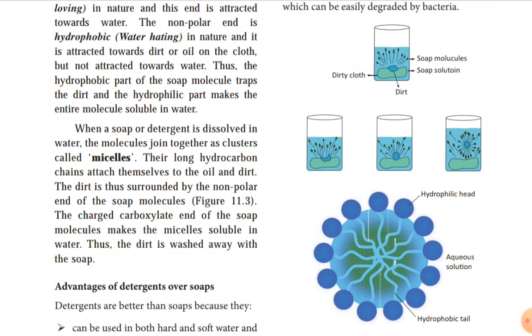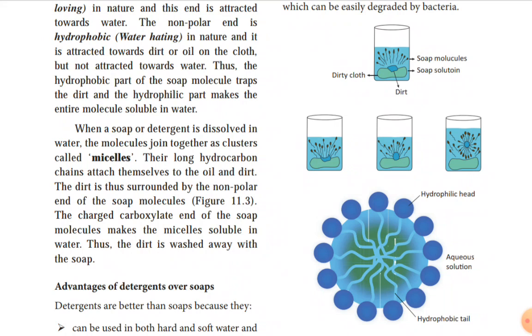In the micelles, the long hydrocarbon chain surrounds the oil, dirt and stains, and the charged carboxylate, that is the polar end short head, makes the micelles soluble in water, and due to this the dirt is washed away with soap.